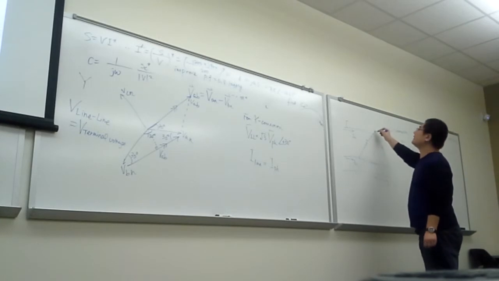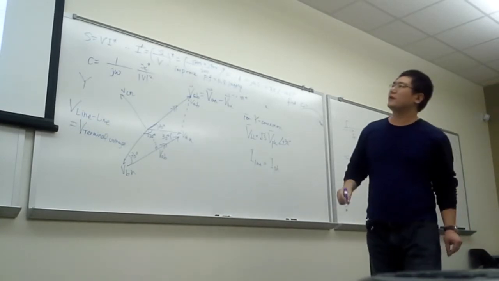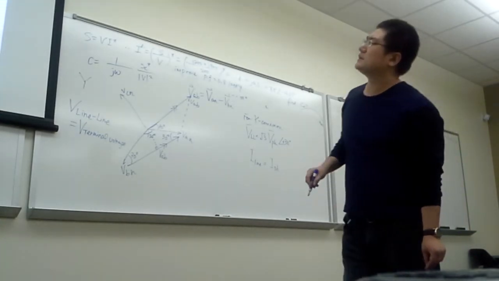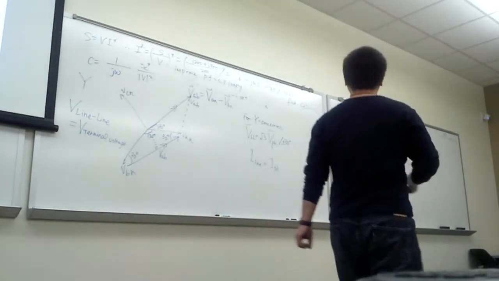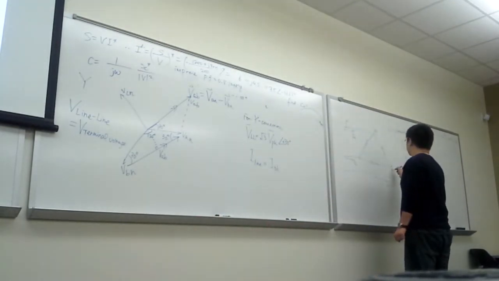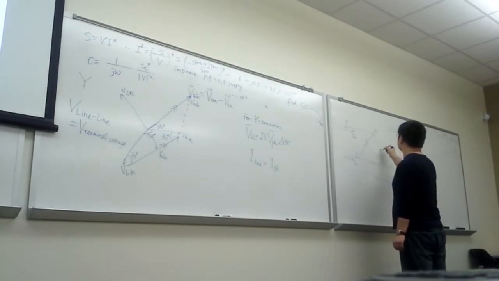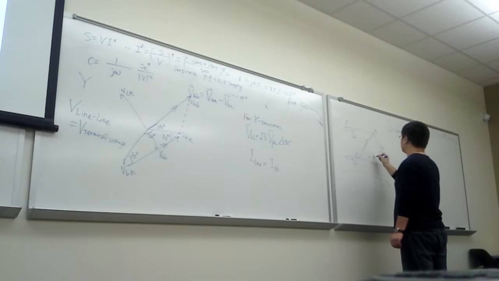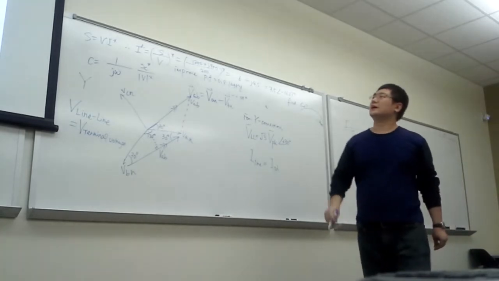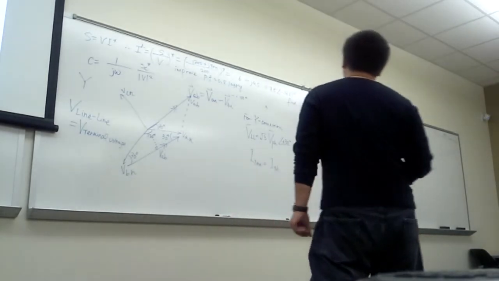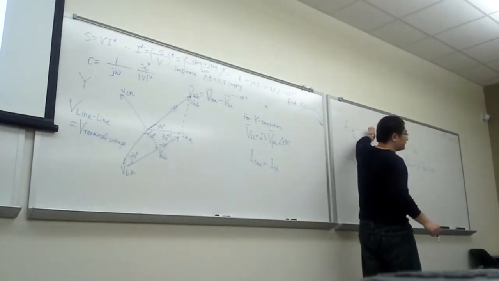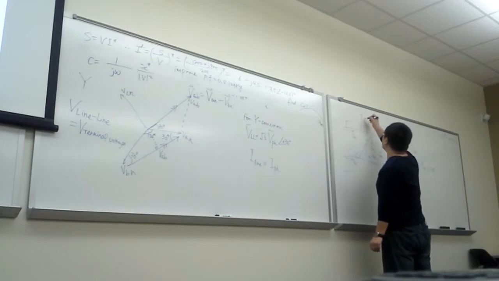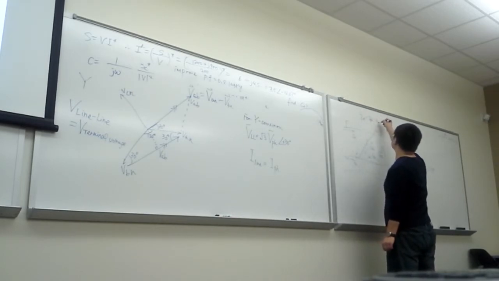So this is point A, point B, point C. In this case, this is IAB, this is IBC, this is ICA. If you consider node A first, for node A, IA is equal to IAB minus ICA.